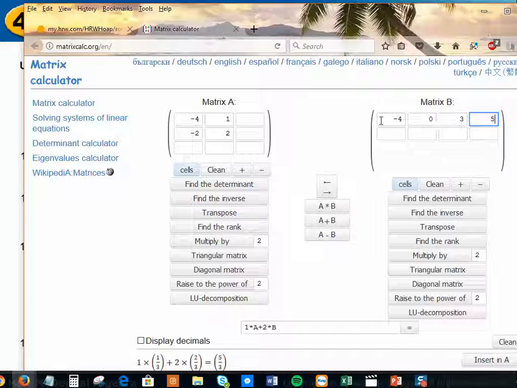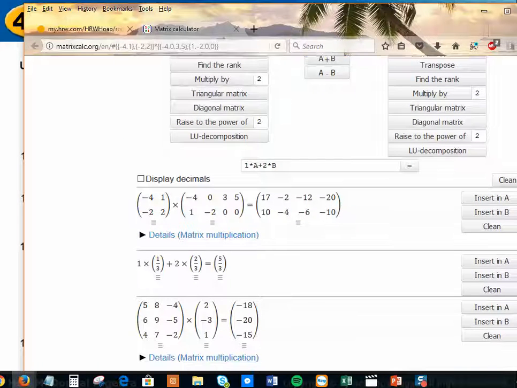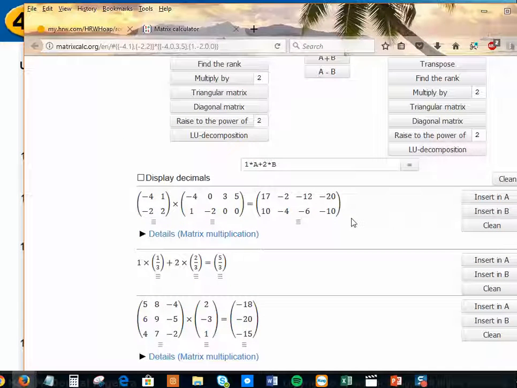And then the bottom row is 1, negative 2, 0, 0. Now you don't have to fill in all of the extra rows that they added for you. We wanted to multiply A times B, not B times A, but A times B. So this should work. Click on the matrix multiplication, and it even shows you how they got their work.